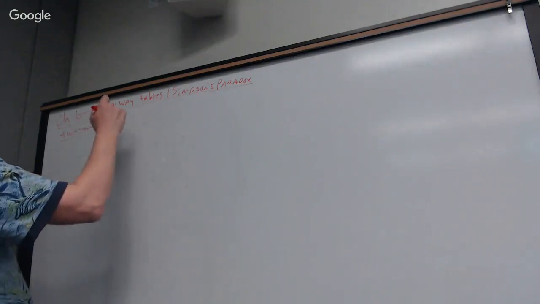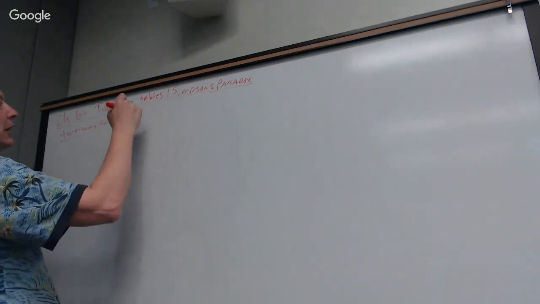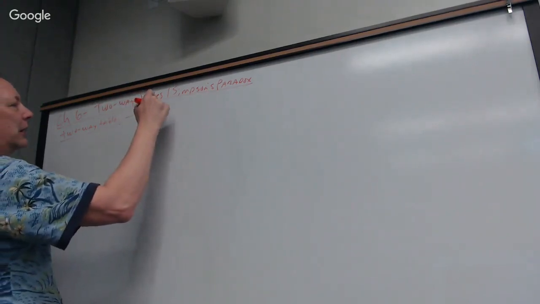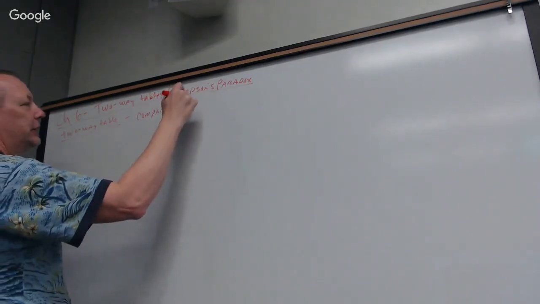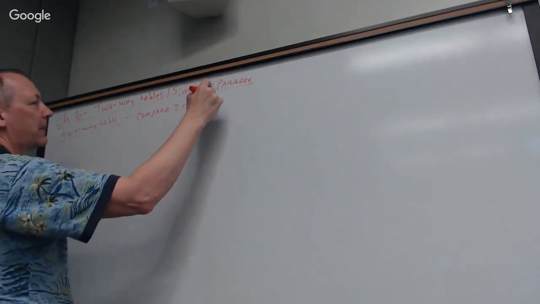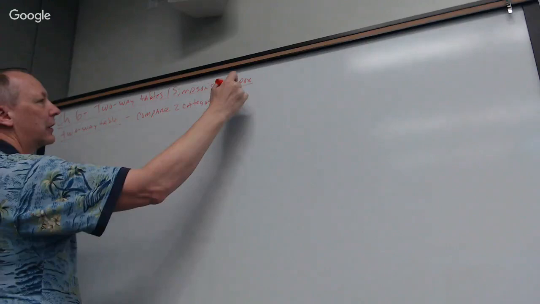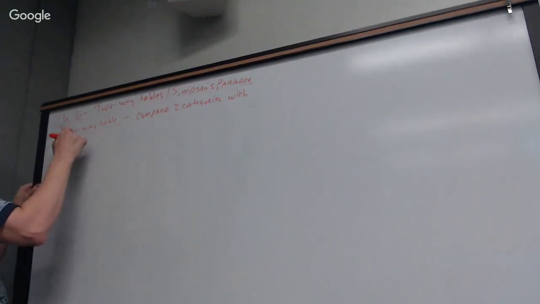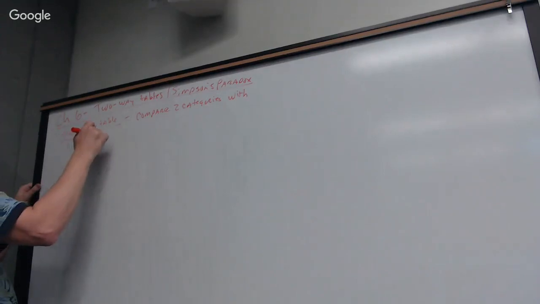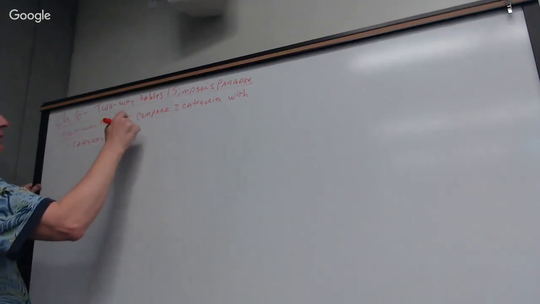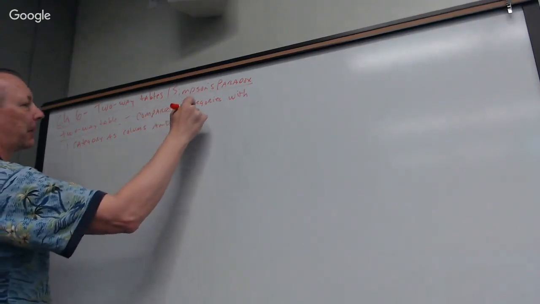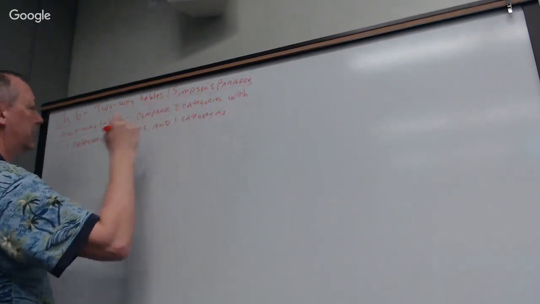So a table is basically where you compare two categories with one category as columns and one category as rows.